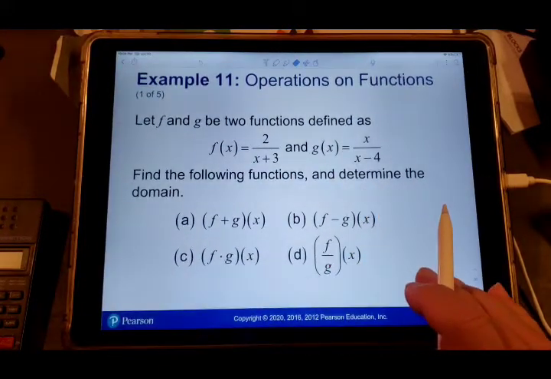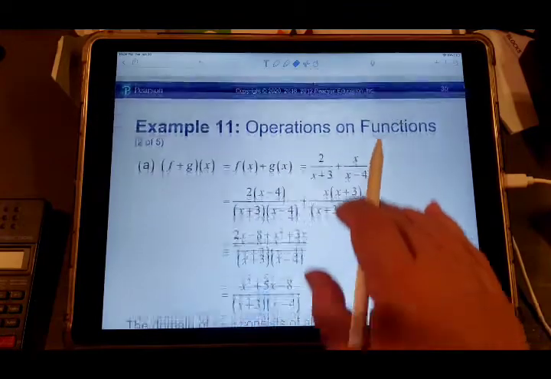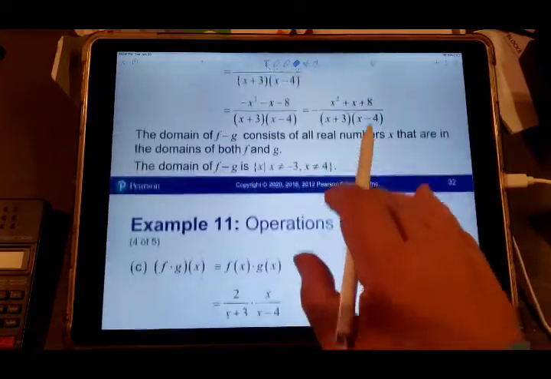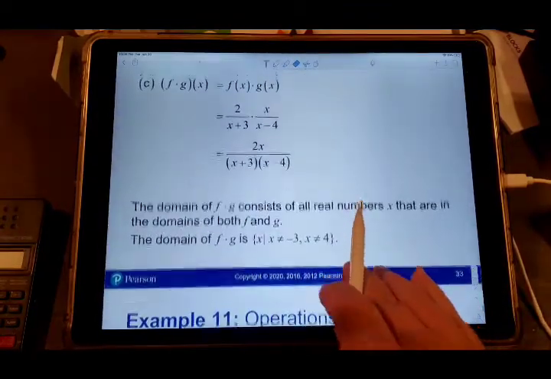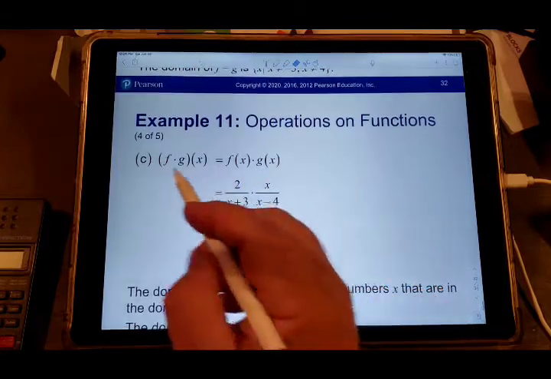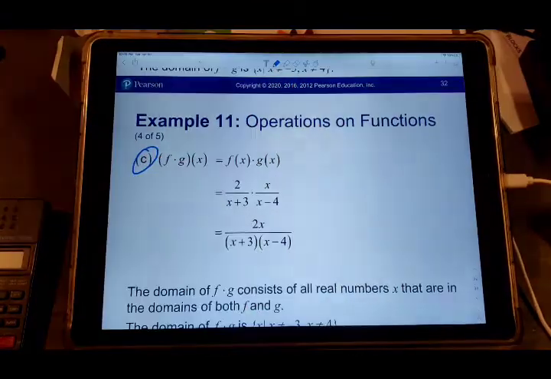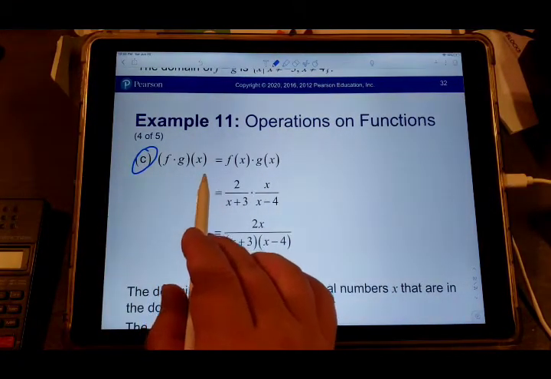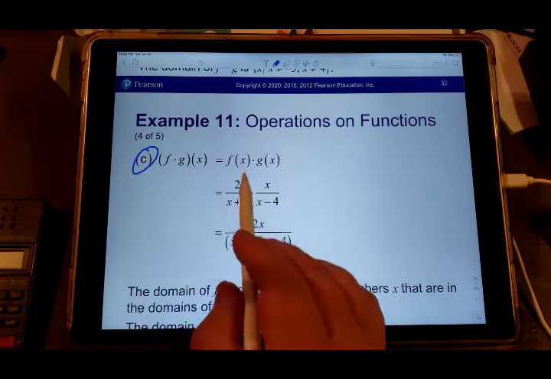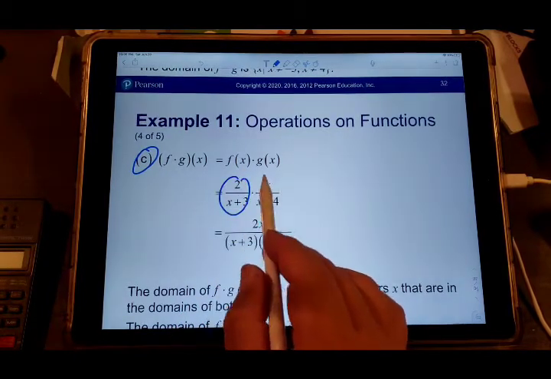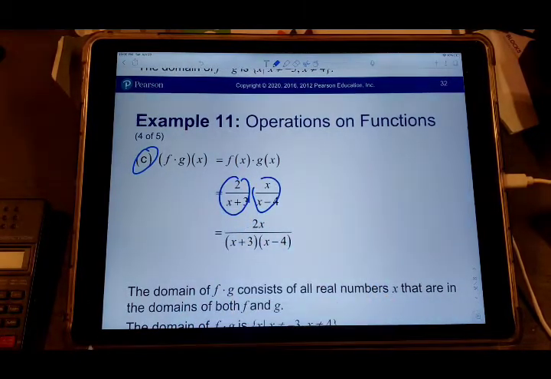You get the idea. And like I said, I don't want to do a lot of these, but let's just go to the end and look at this one, kind of the medium hardest one. f times g of x means f of x times g of x. I call this one kind of hard, but it's not.